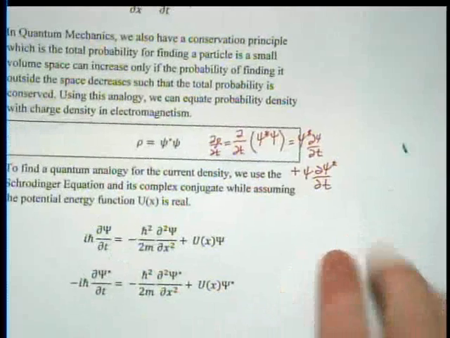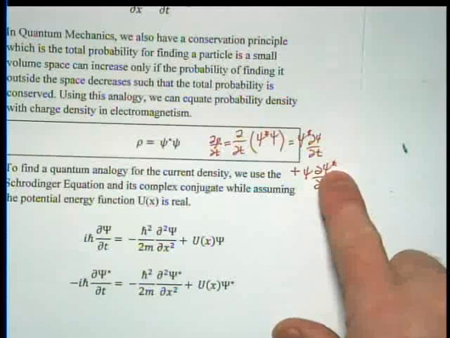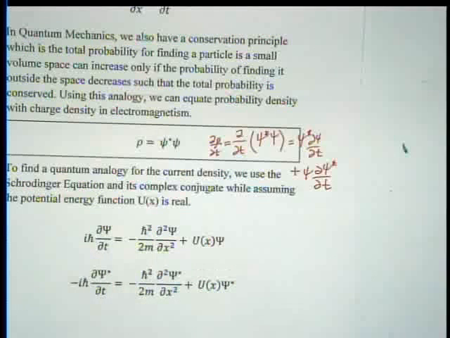Likewise, I'm going to have to find what the derivative of the complex conjugate of the wave function is. Well, heck, I'll just take the complex conjugate of both sides. That'll change psi to psi star, and it'll still be the Schrodinger equation, just the complex conjugate of it.